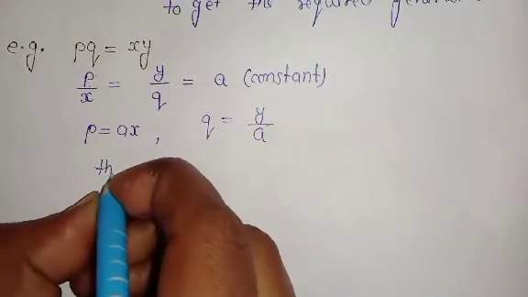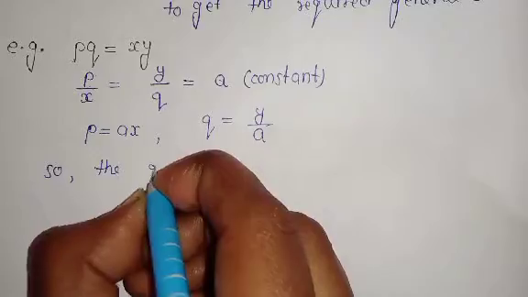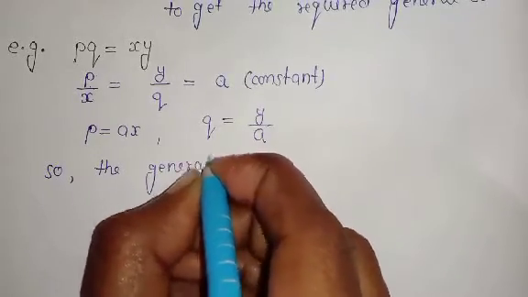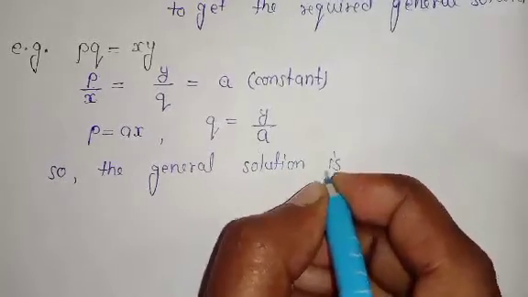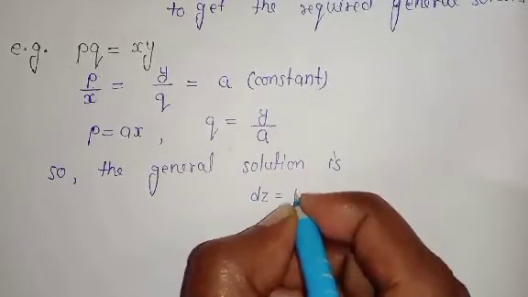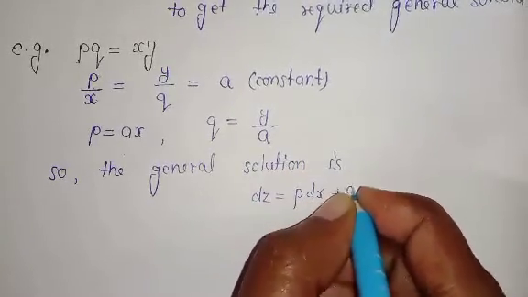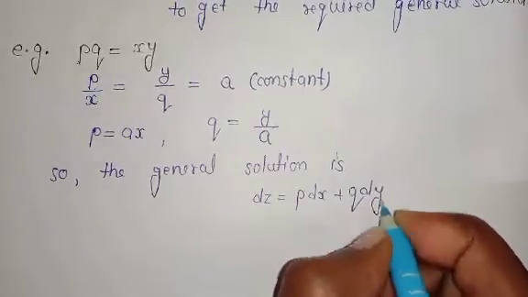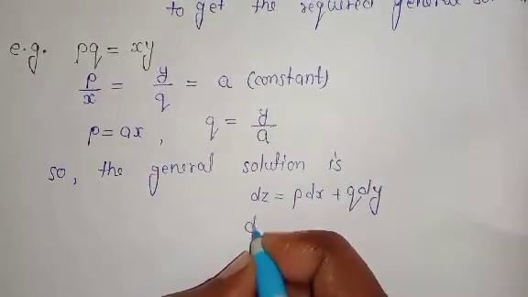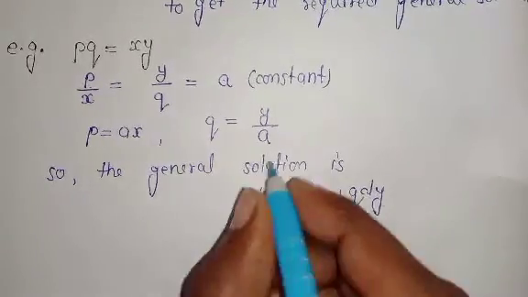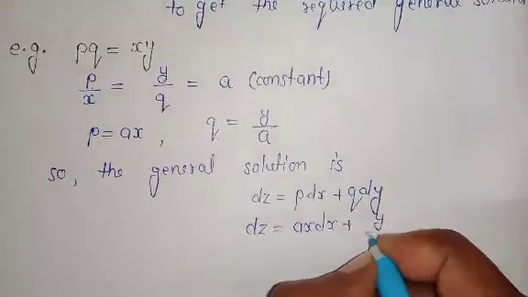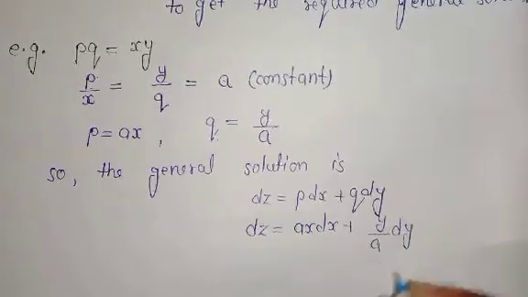So the general solution is dz is equals to p dx plus q dy. P is ax, so this becomes ax dx plus q is y by a into dy.